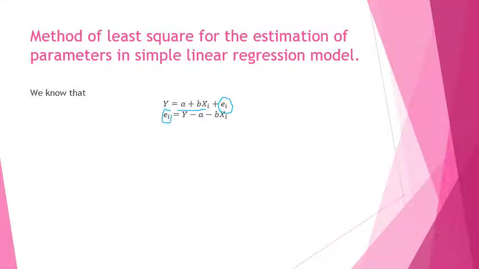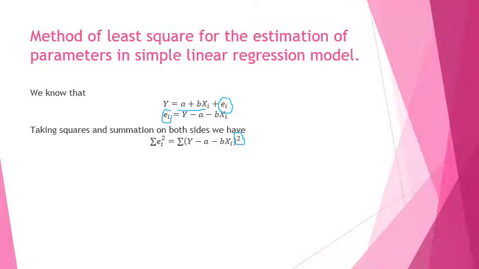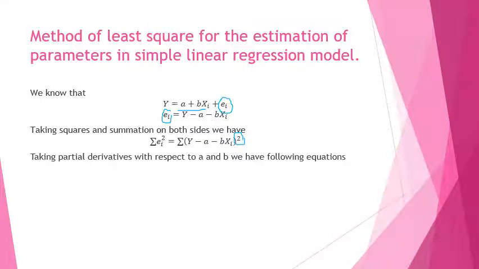Taking squares and summing on both sides, we have summation e_i square equals summation of (y minus a minus b x_i) whole square. We are not going to expand this square, but we are taking partial derivatives with respect to a and b, and following are the equations. This is equation 1.